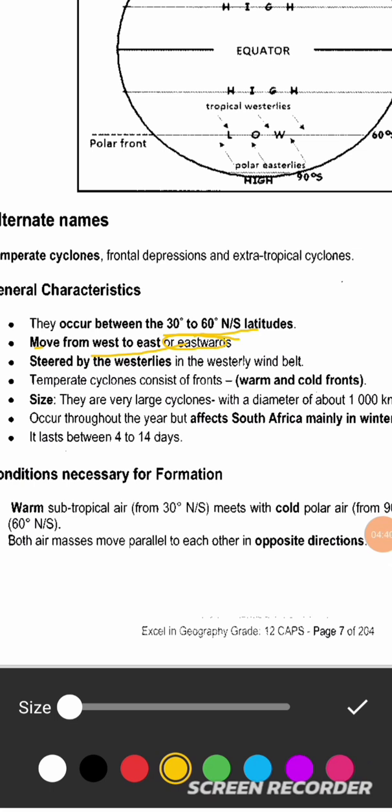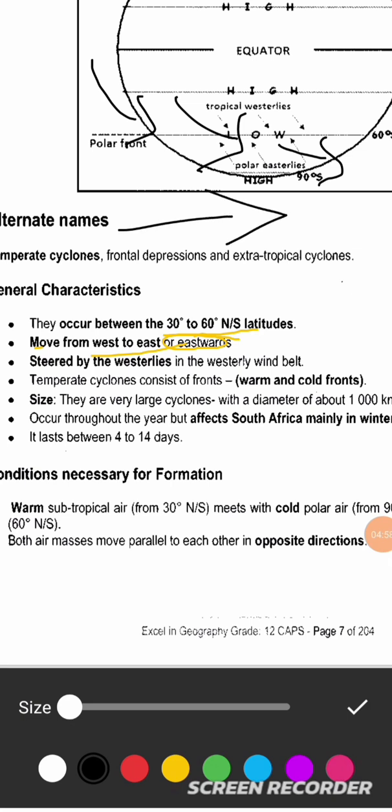Also, you can give evidence that it moves from west to east, meaning that mid-latitude cyclones move in this way. They come from the west to east, they go in this direction, while the tropical cyclone, which we are going to deal with, starts from right to left, which we can call westerlies.